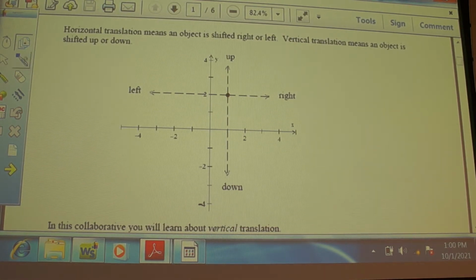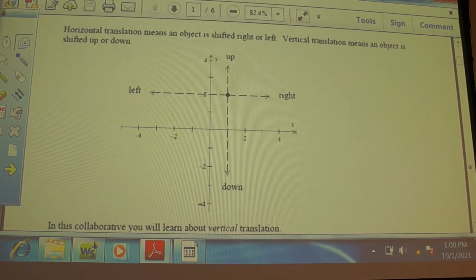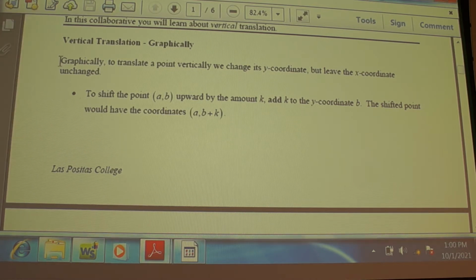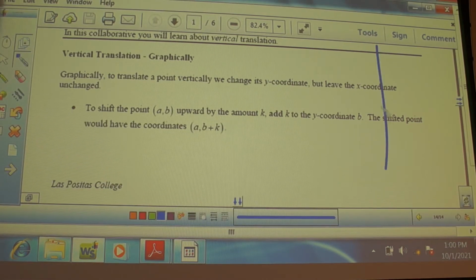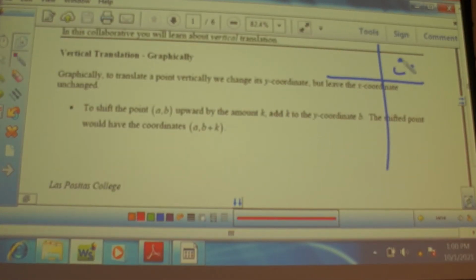Oh, and there's a picture. Seems to be what we were just doing, right? Horizontal and vertical. No, that was okay. So this is different. So reflection means that you go from here to there. Translation would go from there to there.